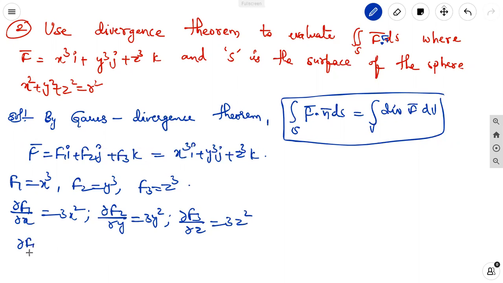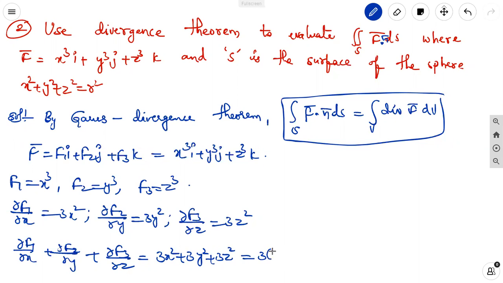Adding three terms, dou f1 by dou x plus dou f2 by dou y plus dou f3 by dou z is equal to 3x square plus 3y square plus 3z square. It is equal to 3 into x square plus y square plus z square. They have given x square plus y square plus z square is equal to r square, the surface of the sphere.